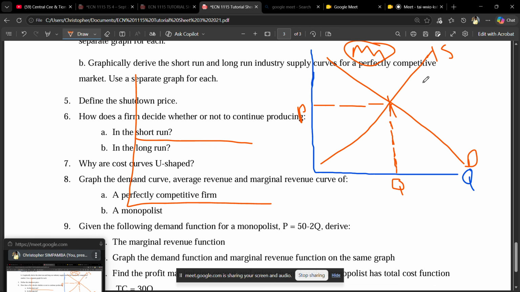Then in the long run, the supply curve is horizontal because of what I illustrated. For the market, when you add up all the supply curves of the firms in that market, it is just a horizontal summation, because you're adding all the firms that are in the market, each supplying whatever quantity it has.